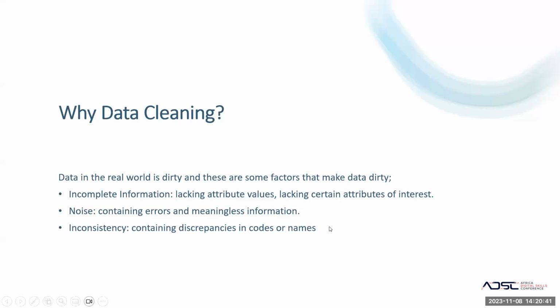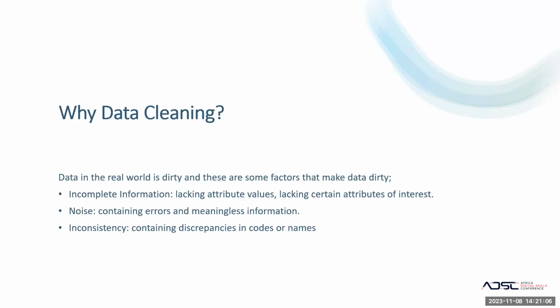So what are some of the factors that cause data to be dirty? We have incomplete information, where there are certain things that are missing in the data, because it's human beings that gather this data, and there can be certain faults in terms of human errors that can cause a lot of things, like duplicate information in the data.